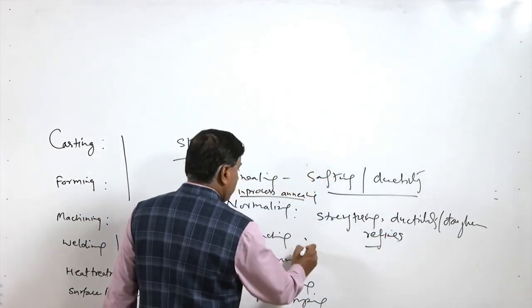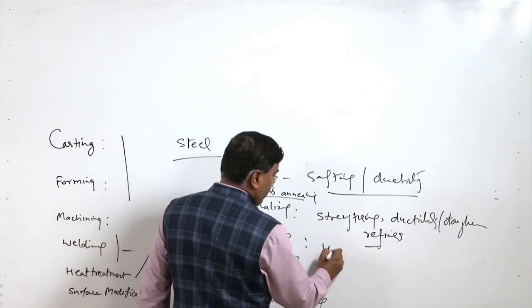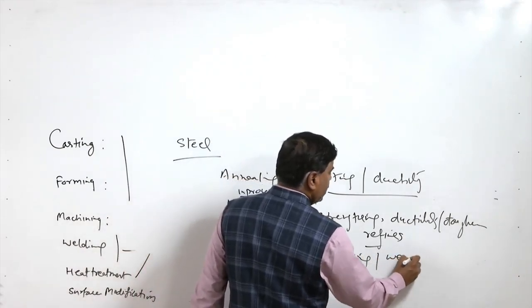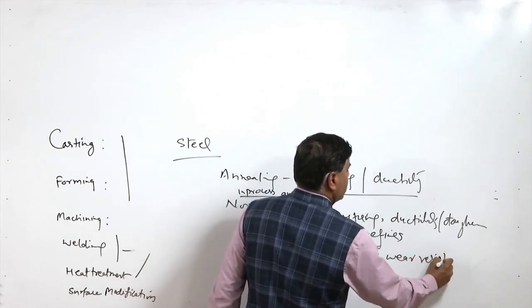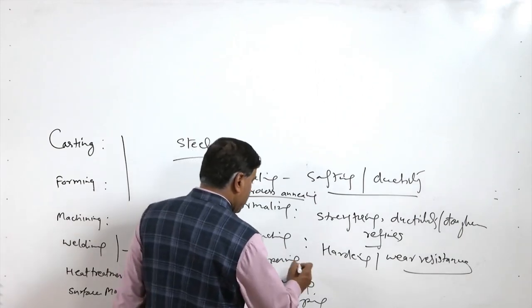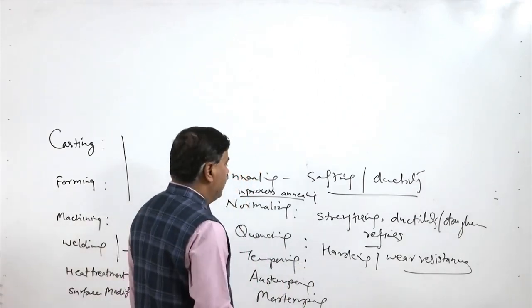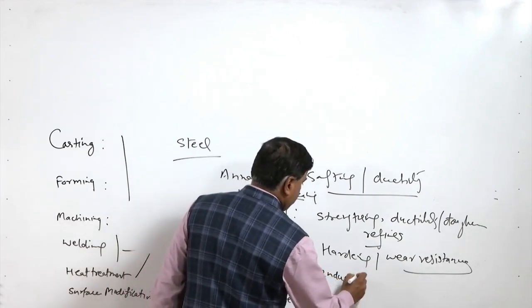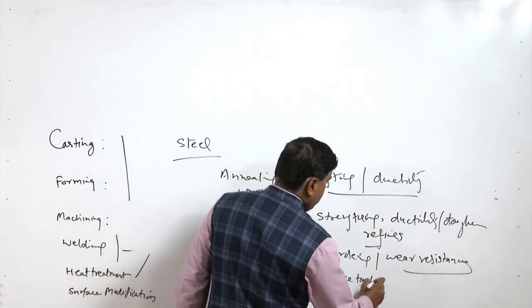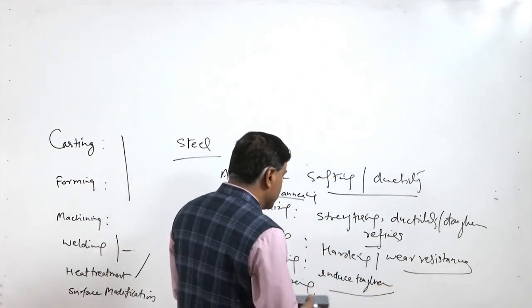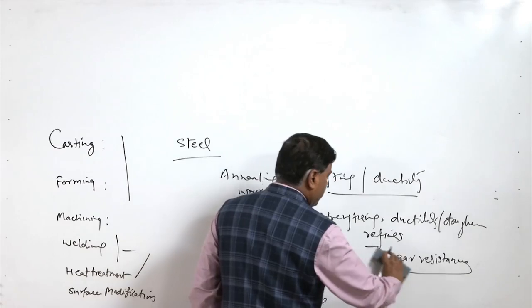On the other hand, quenching is normally used for the hardening purpose, so that the wear resistance can be enhanced. On the other hand, the tempering is used to induce the toughness, and it is normally carried out after the quenching, since the quenching increases the hardness at the cost of the toughness.